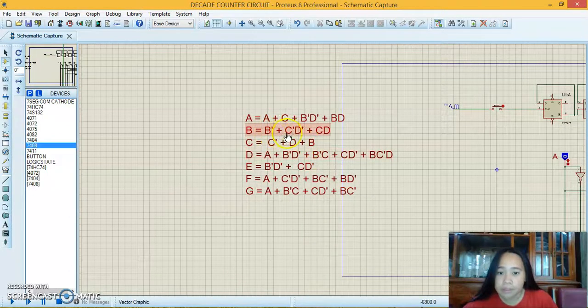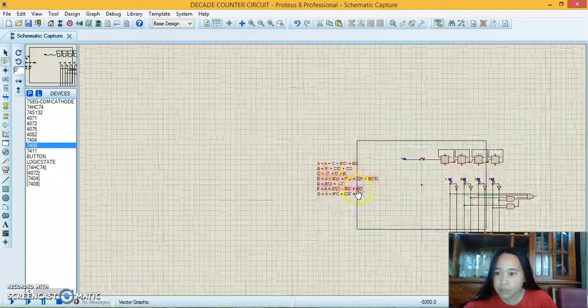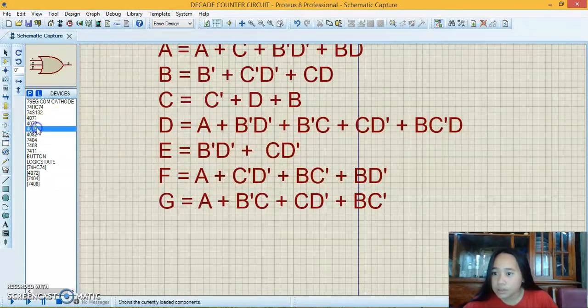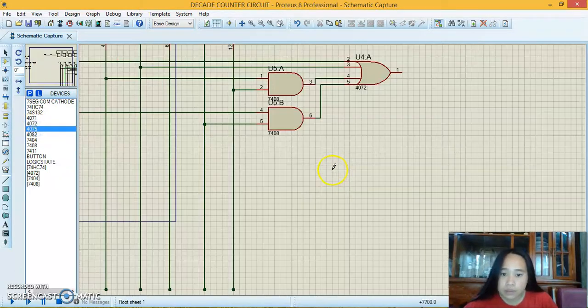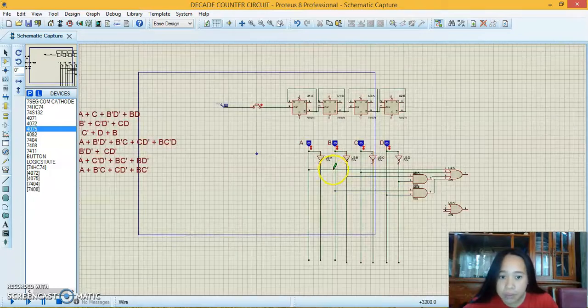Let us proceed to equation B: B prime plus C prime D prime plus CD. So we need a 3 input OR gate, 4075. Let us align this one. The first is the B prime.